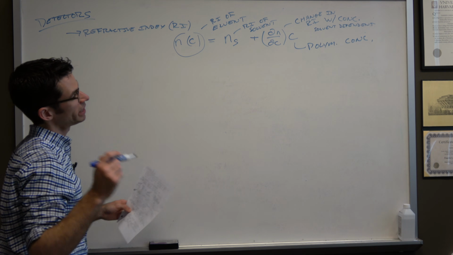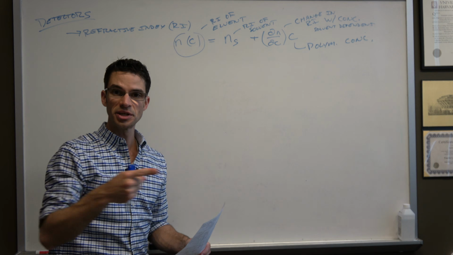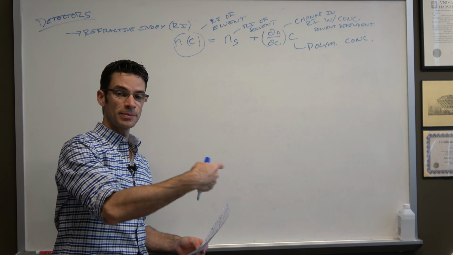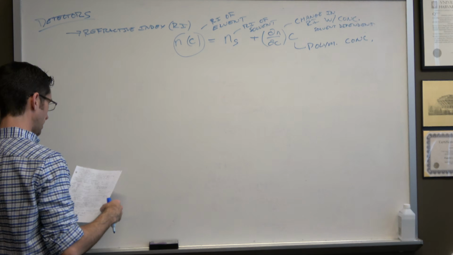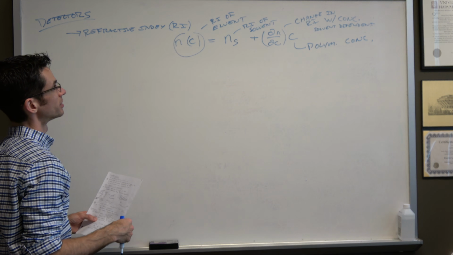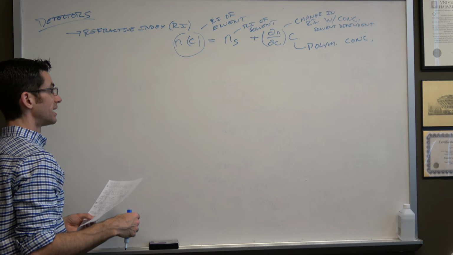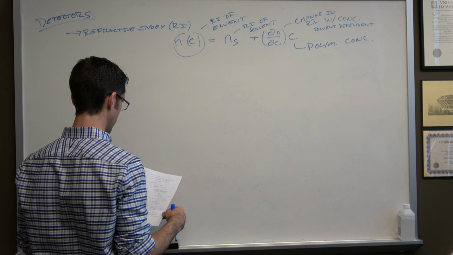So you have a beam of light that's going to be refracted by the solution in proportion to the difference between the refractive index of the eluent and the refractive index of the solvent.